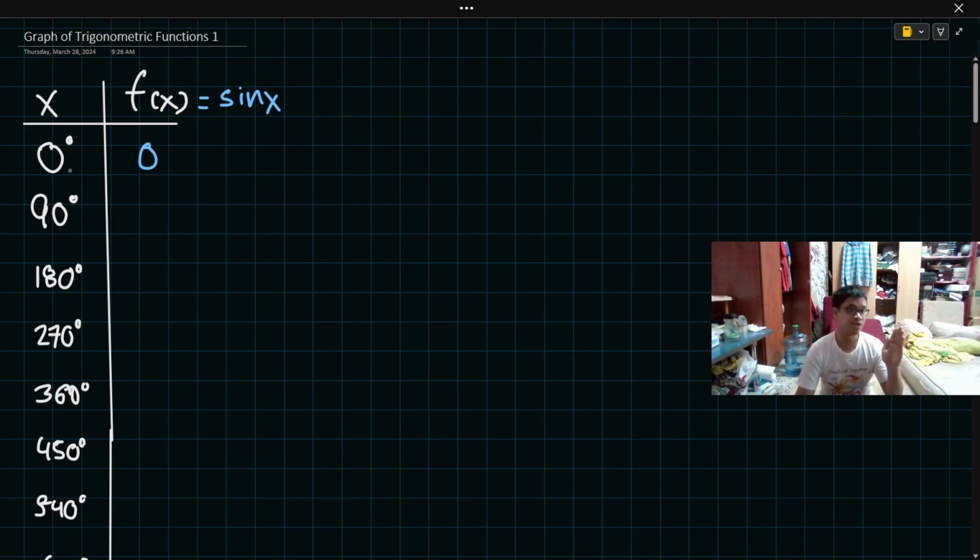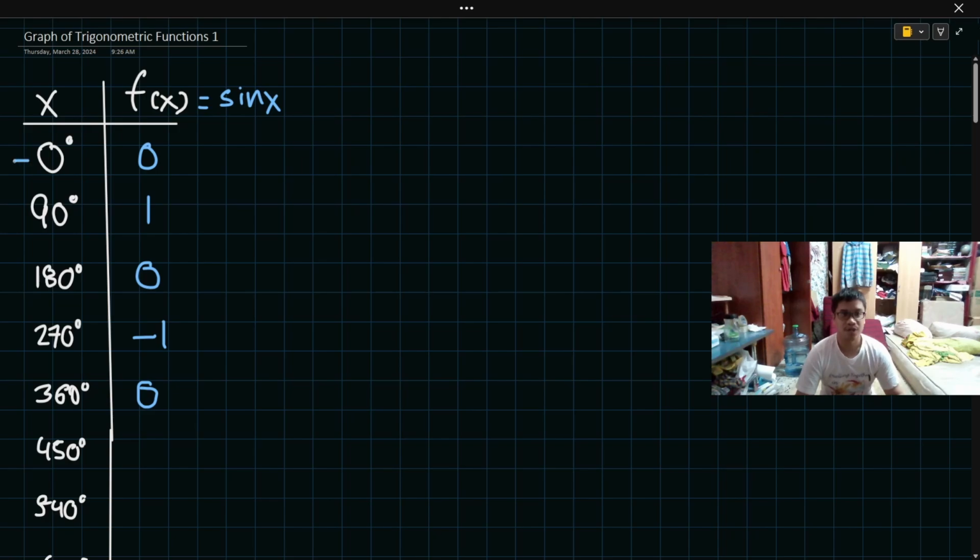If you substitute 90 degrees, or in radians pi over 2, into the sine function, you will get exactly 1. If you substitute 180 degrees into sine, you will get 0. If you substitute 270 degrees into sine, you will have negative 1. Then 360, 0.